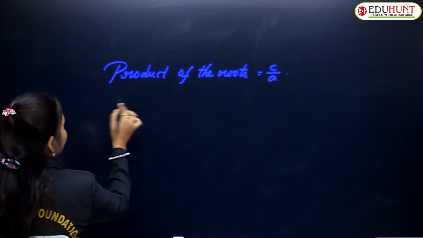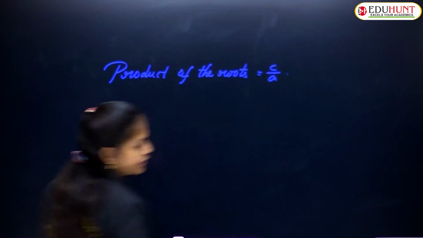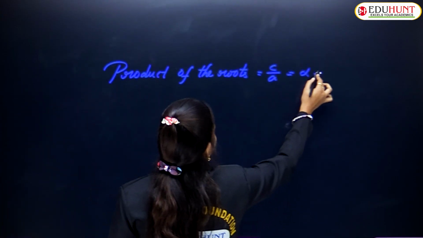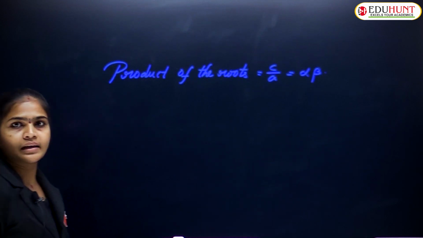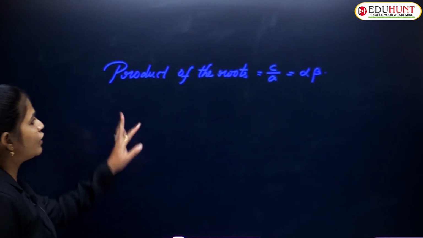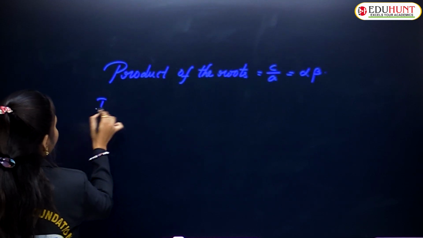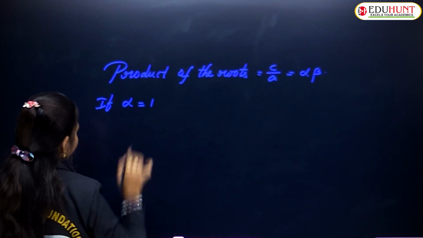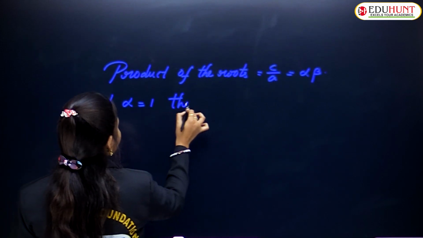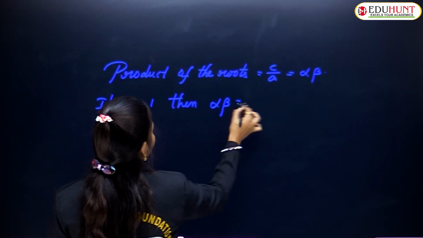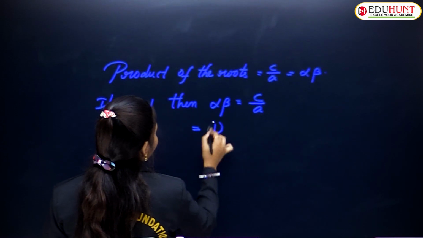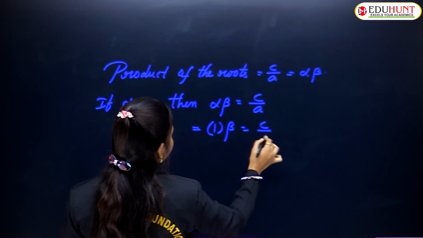Here c by a is equal to alpha into beta. Clear? So if you take the second condition, the product of the roots, we already know that the first root alpha is equal to 1. Then alpha beta is equal to c by a, given, no? So 1 into beta is equal to c by a.